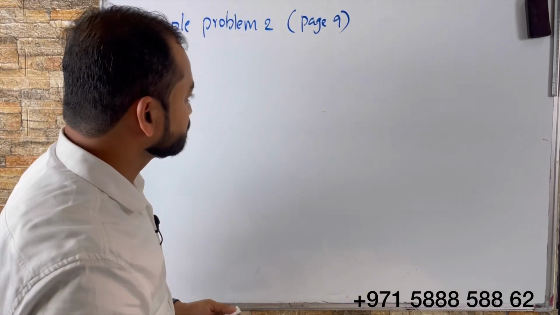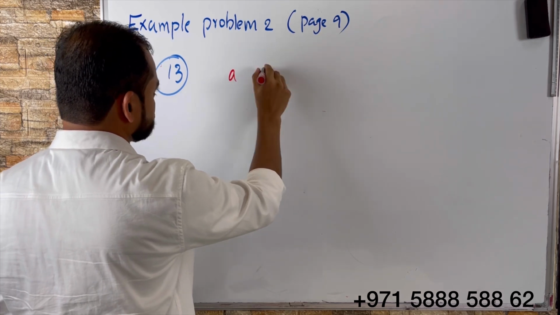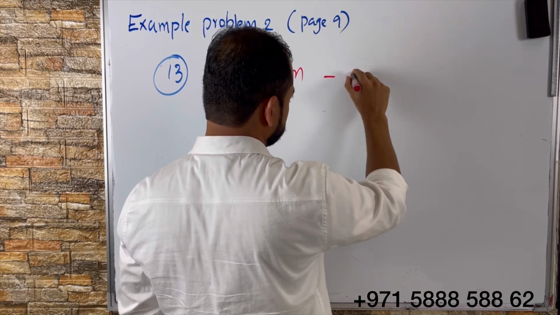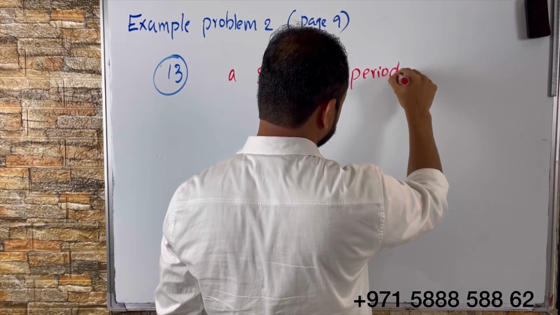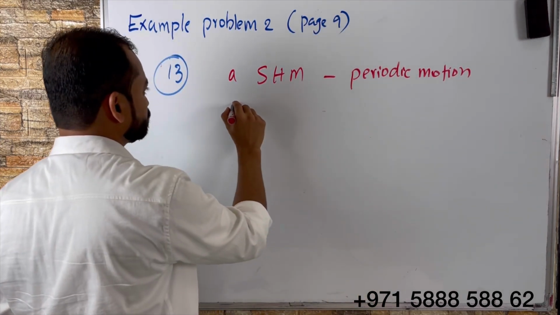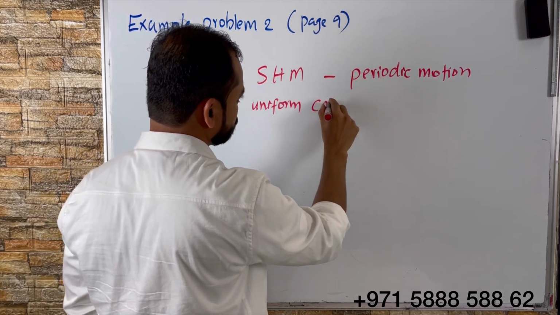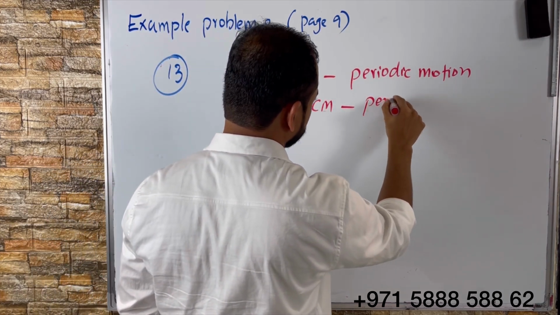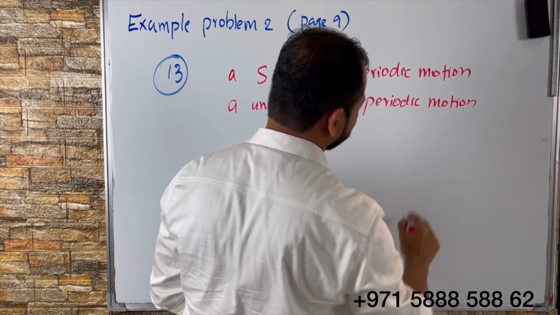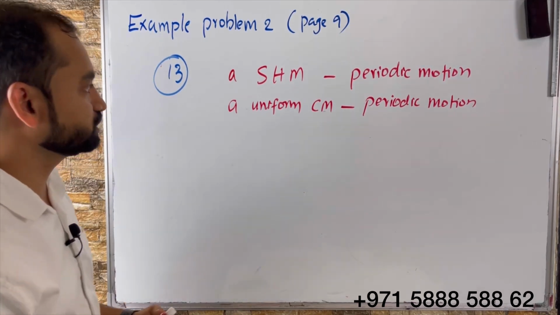See, a simple harmonic motion is a periodic motion. A uniform circular motion is also a periodic motion. That is how they are related.